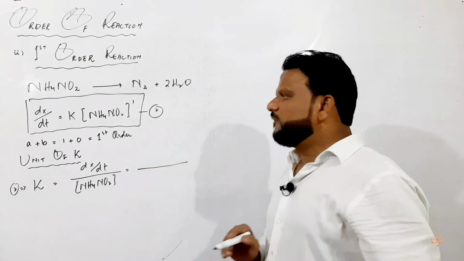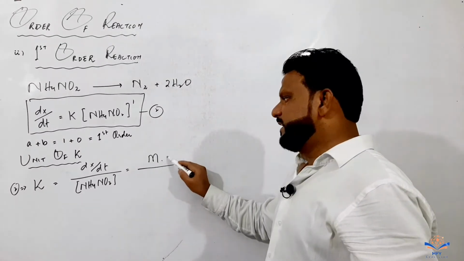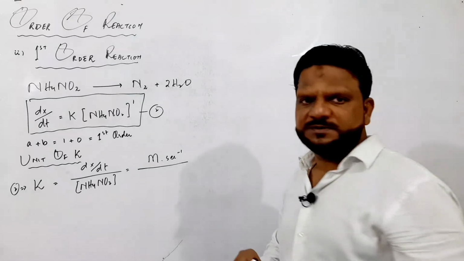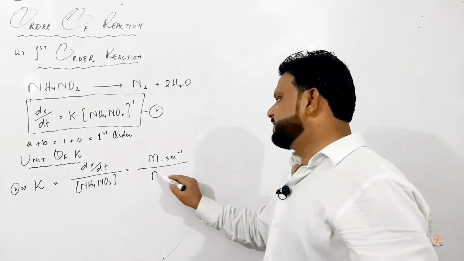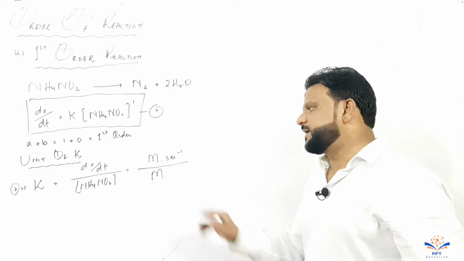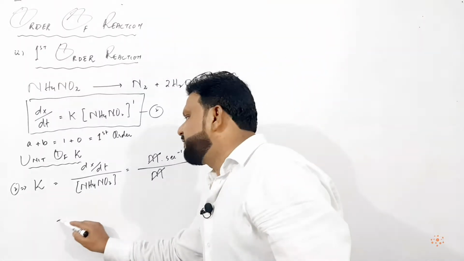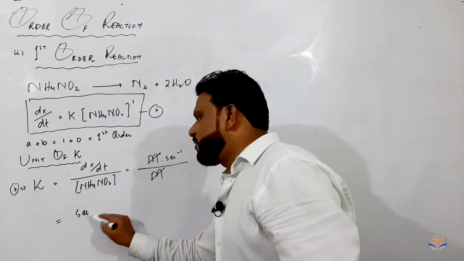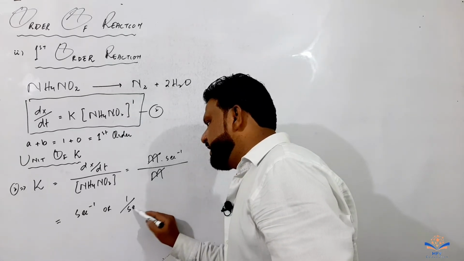Now the unit of dx/dt is molar second inverse, and the unit of concentration or active mass is molar, which means mole per dm cube or mole per liter. Mole cancels out from mole. It means that the unit of K for first order reaction is second inverse or 1 over second.